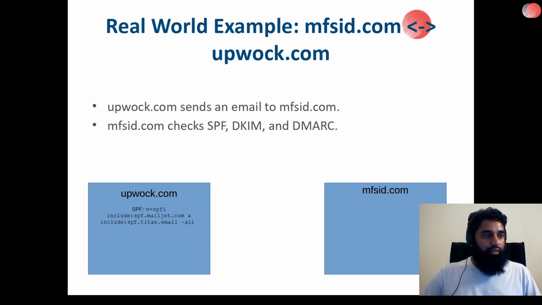It will check the SPF to see if the IP of the server that sent the email is in the allowed servers in the SPF record of Upwork.com. It will then check the DKIM record, and then it will check the DMARC policy to see if that email should be accepted or rejected.